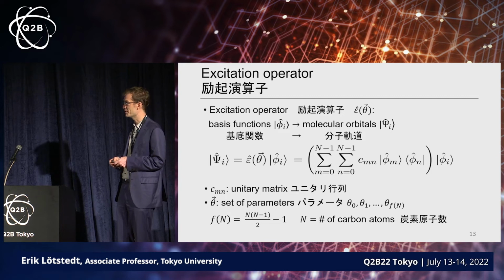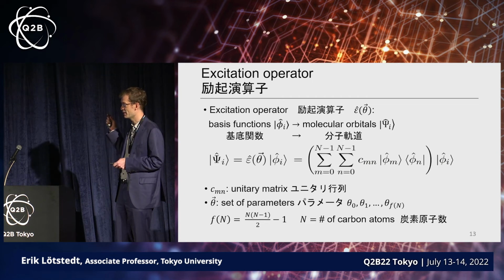And this operator you can think of as a unitary matrix. And this one we will represent as a circuit on the quantum computer. And to get the right orbital, we have to tune this parameter theta so that we get out the right molecular orbitals.